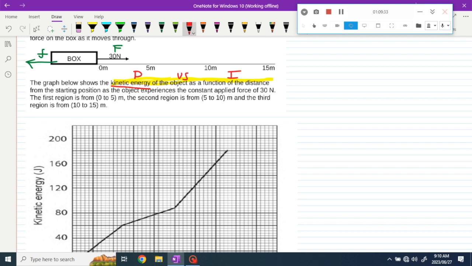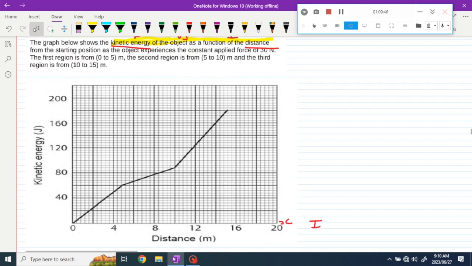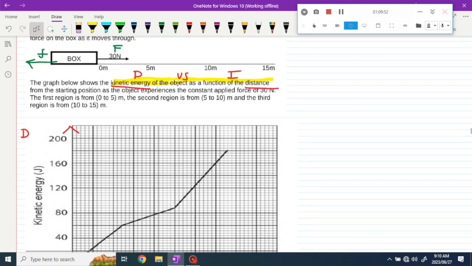The dependent variable here is kinetic energy, the independent variable is distance. And as you can see, the distance falls on the x-axis, and the kinetic energy stands tall on the y-axis, as the dependent variable for this investigation.